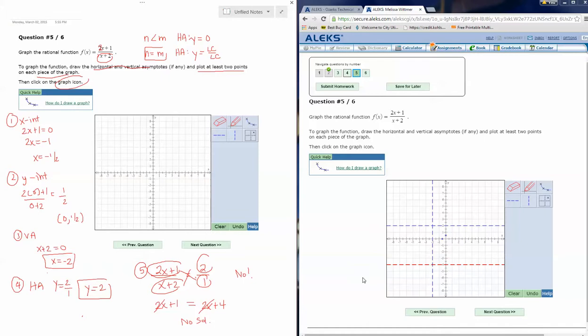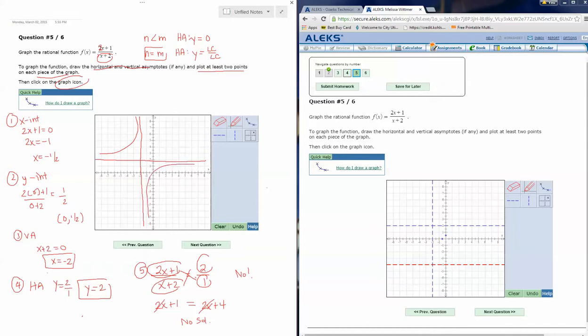When we have a single vertical asymptote, our picture is going to look like, let me graph this here. Our picture is going to be an odd function. So if you have a curve in this upper quadrant, then the other curve will be down below.